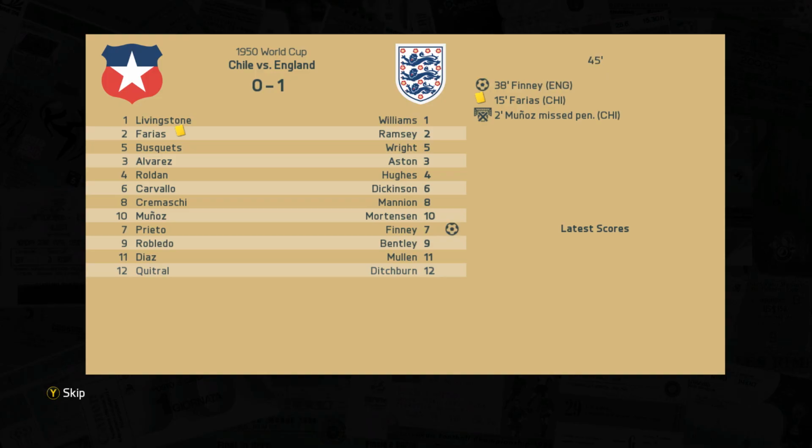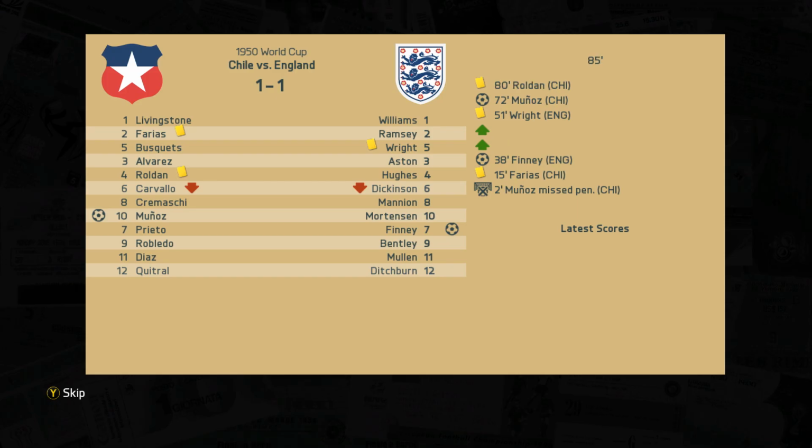England score, 38th minute. There's a couple of yellow cards there. Chile equalised 72nd minute. And a yellow card for Chile. It finished 1 each.